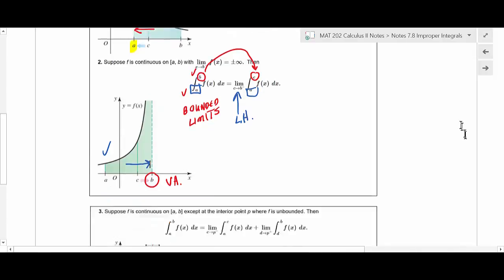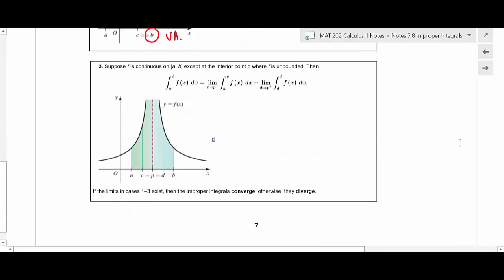Now here's the next thing. What we have now is the vertical asymptote in the middle. If it's in the middle, you have to do two integrals. So your problem area is a vertical asymptote somewhere in the middle of your region, and you have to have two integrals. When you do this integral, you integrate from A to some letter.